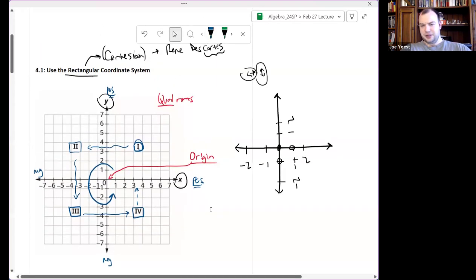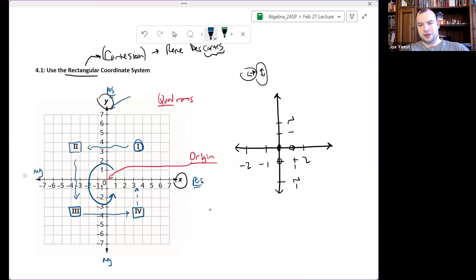And in case I didn't say it already, I think we know this terminology probably, but these number lines we now tend to call axes. So we'll talk about the x-axis and the y-axis.